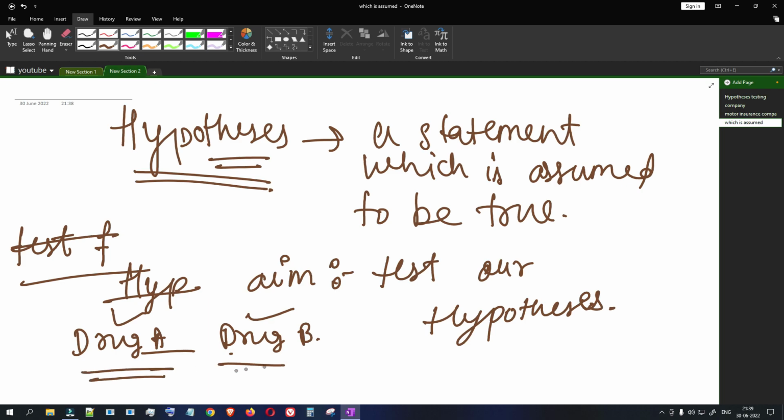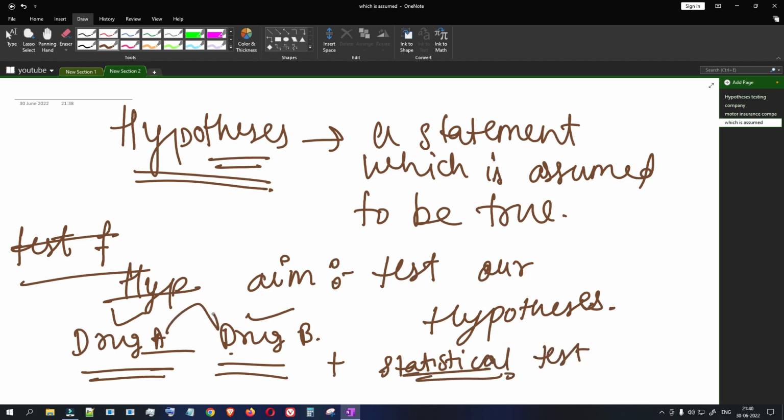I have no proof for the statement I am saying, but I am saying that these two are equally effective. So now I want to check if these are equally effective or if these are not. Okay? And that I would do with my statistical test.